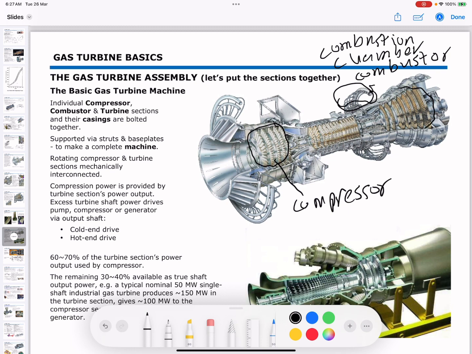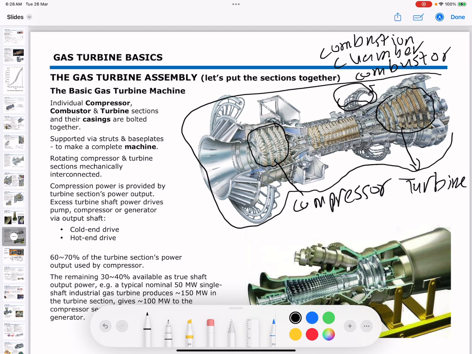And here we have the turbine. So let's talk about the gas turbine, the whole thing, and then I will focus on each part here.